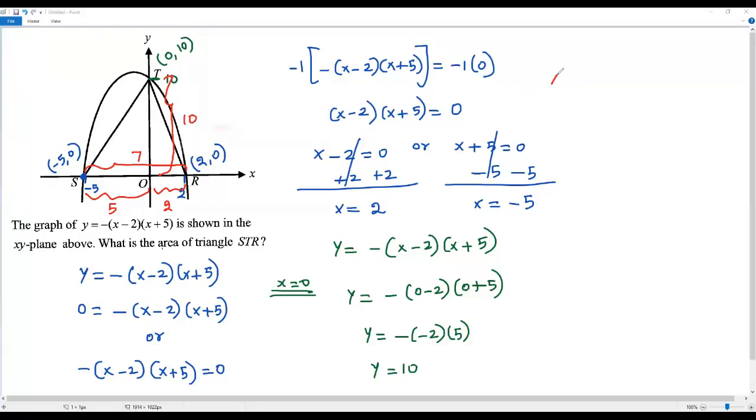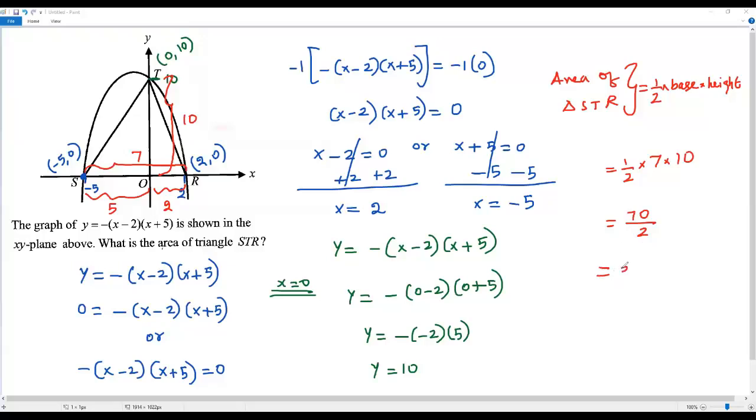Now we can find the area of triangle STR, which equals 1/2 times base times height. 1/2 times 7 times 10: 1 times 7 is 7, 7 times 10 is 70, 70 divided by 2 is 35 square units. So the area of triangle STR is 35 square units.